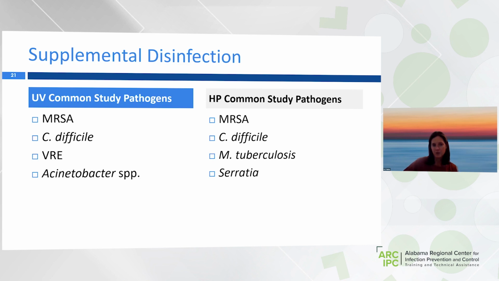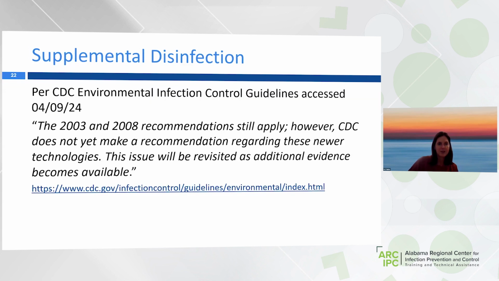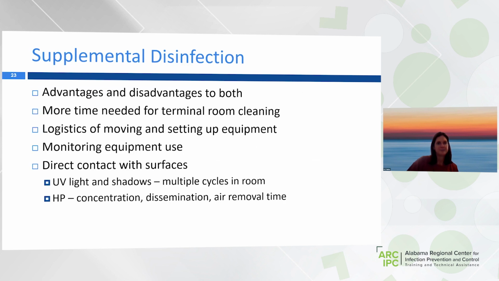And then MRSA is also being used. One of the things with MRSA is because it is more common in the environment, it's one of those pathogens that is used in those pre-post studies, because we do see it more often in the environment.